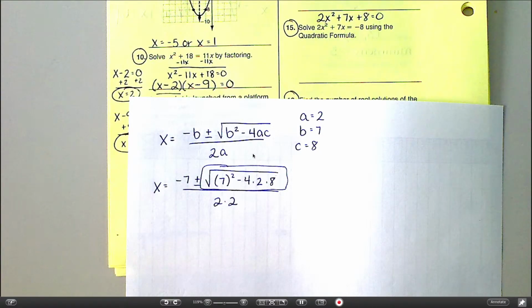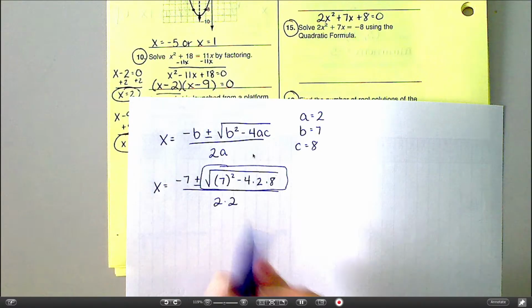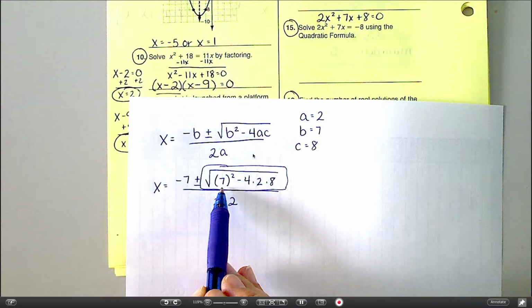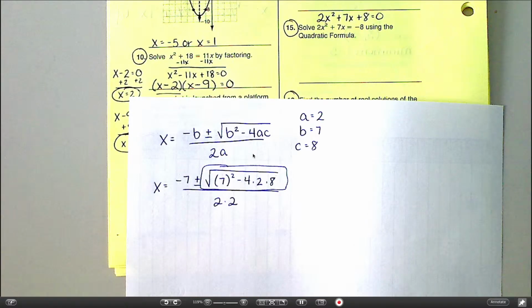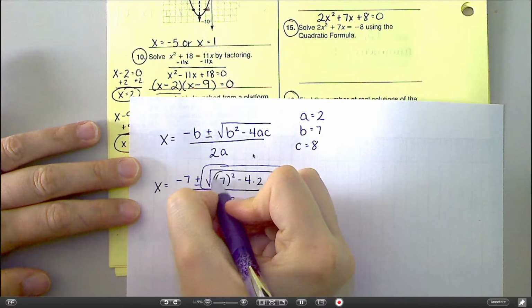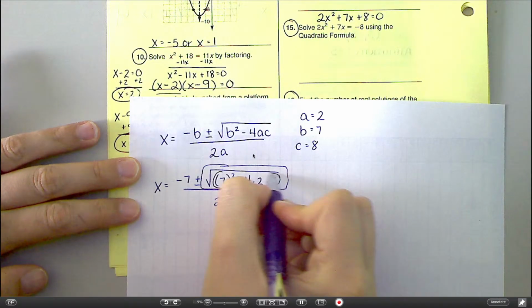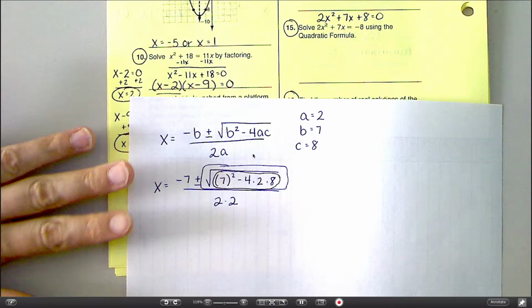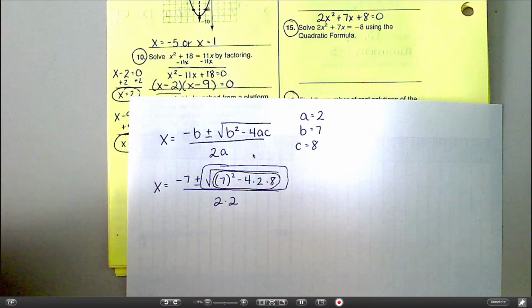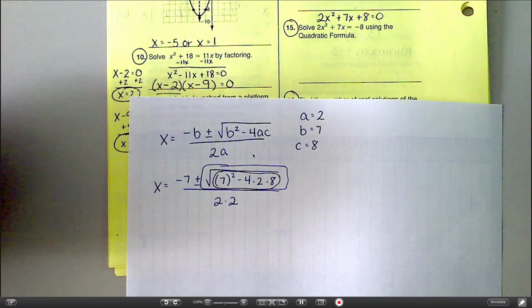Well, nope. Not necessarily. Let's try this. Let's do just the 7 squared minus 4 times 2 times 8 without the square root. No square root this time. Just do 7 squared minus 4 times 2 times 8. Oh, you got negative. Right, you get negative what?